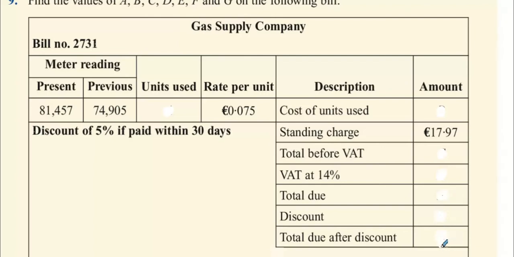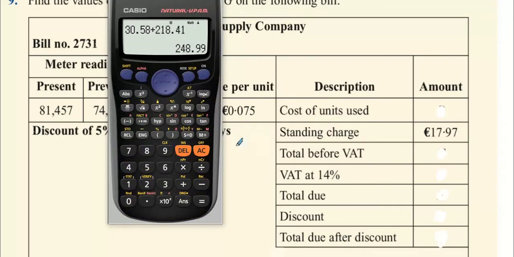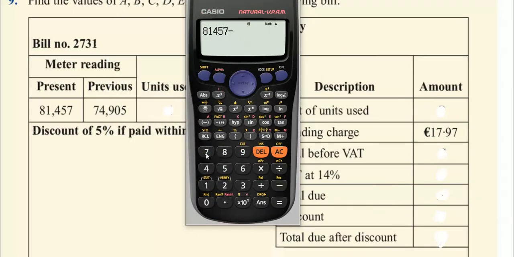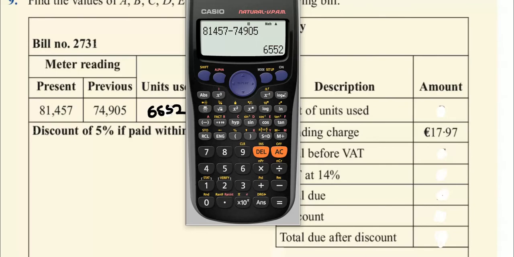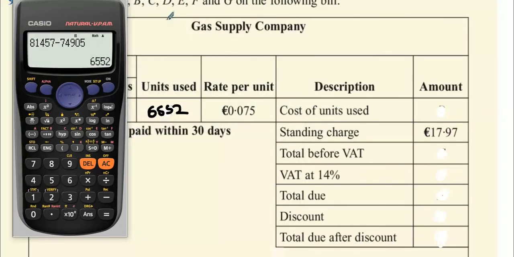Now, starting off with the first part, what we're going to do is 81,457, and we're going to take away the 74,905. And we get 6,552. We're going to multiply the 6,552 by 0.075.